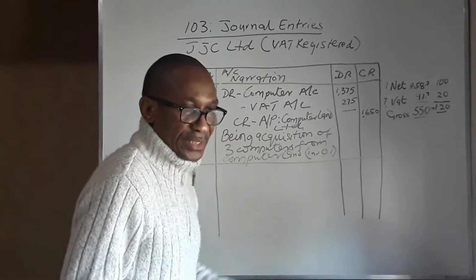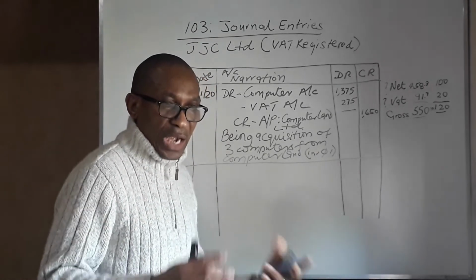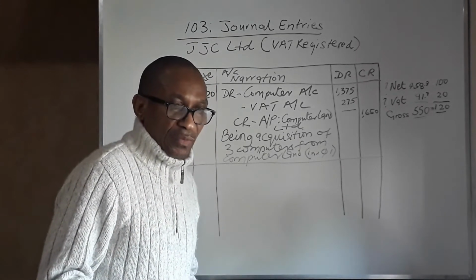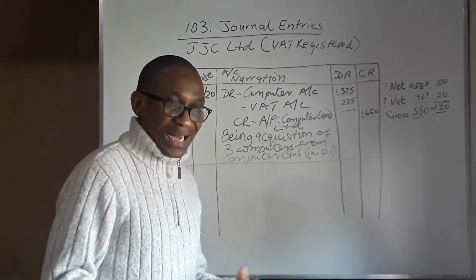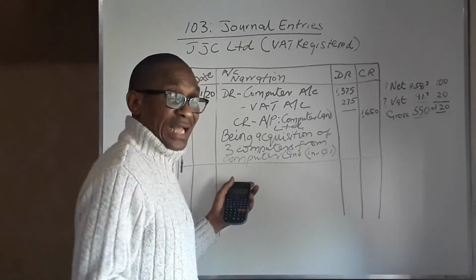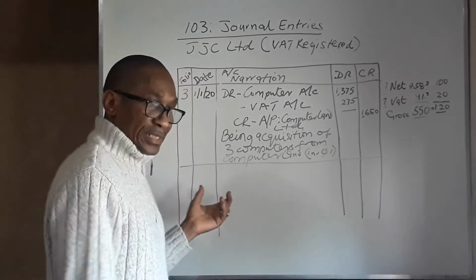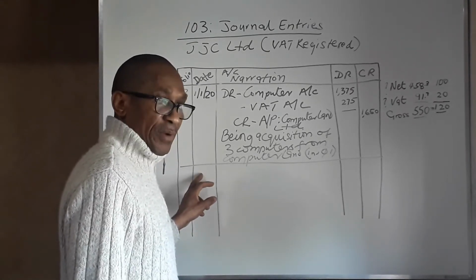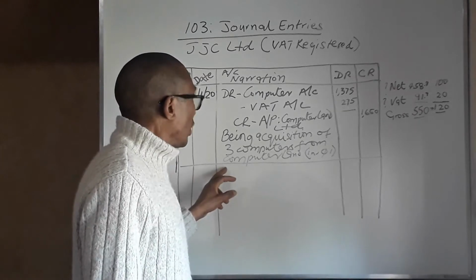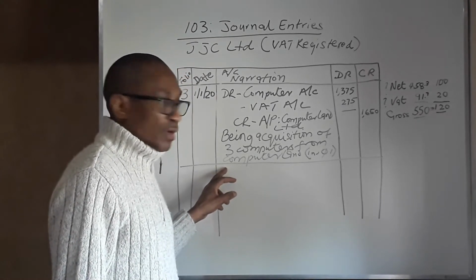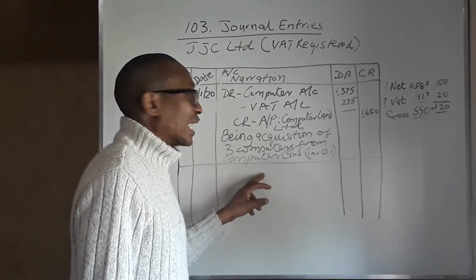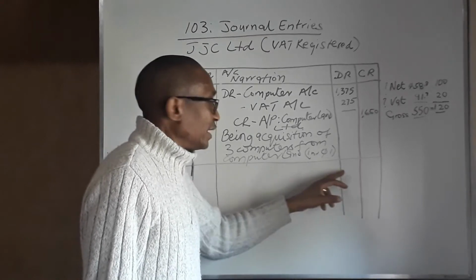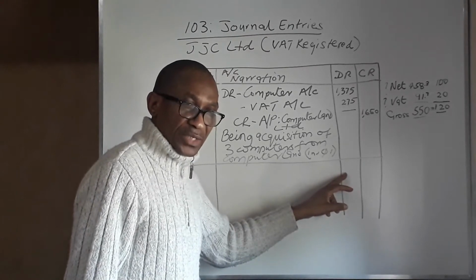So the next one, as I said, is supplier payment. No need to do that. We just look for who are we paying. We are paying Computerland. So Computerland is receiving. We're going to debit Computerland. In this case, we put the folio 4. The date of that payment is 13th of February 2020. And who is receiving? Computerland is receiving. We debit Computerland account in the account payable with the amount of the check, 1,000.